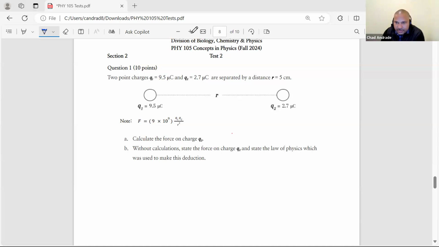I said I was going to do this. This symbol, mu, it really means times 10 to the minus 6. That's all it means, right? And the symbol C for centi, so that's this one right here. So it's 5 centimeters.